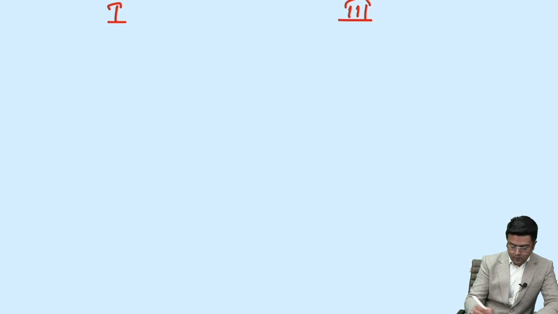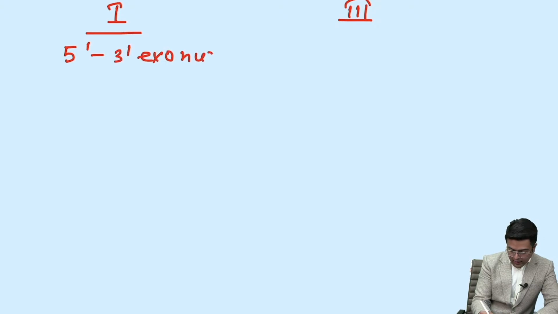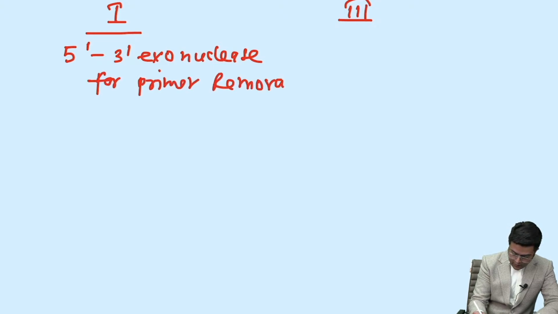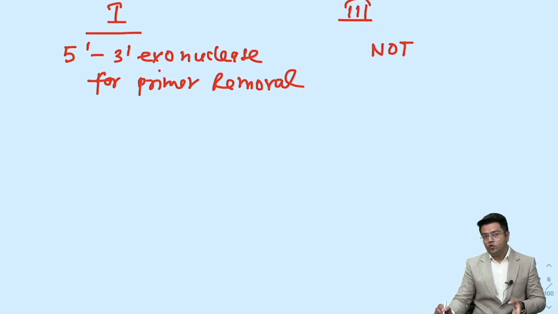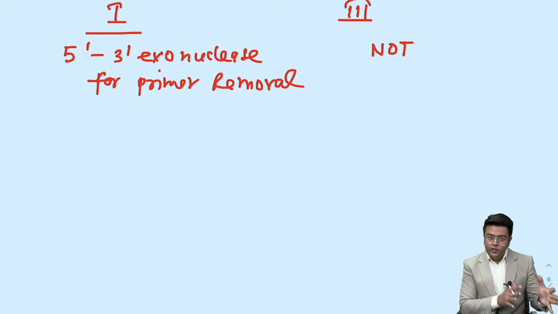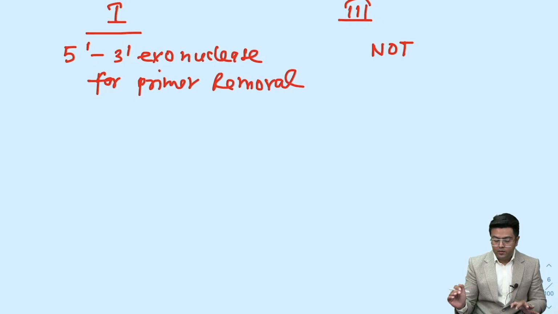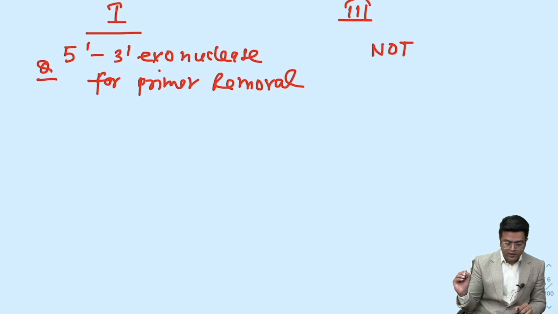If I have to compare DNA polymerase 1 and 3, an old MCQ, one has an activity called 5' to 3' exonuclease activity, and that is for the primer removal. This is not found in polymerase 3, so don't forget this activity. This is the activity uniquely found in polymerase 1 for the RNA primer removal.